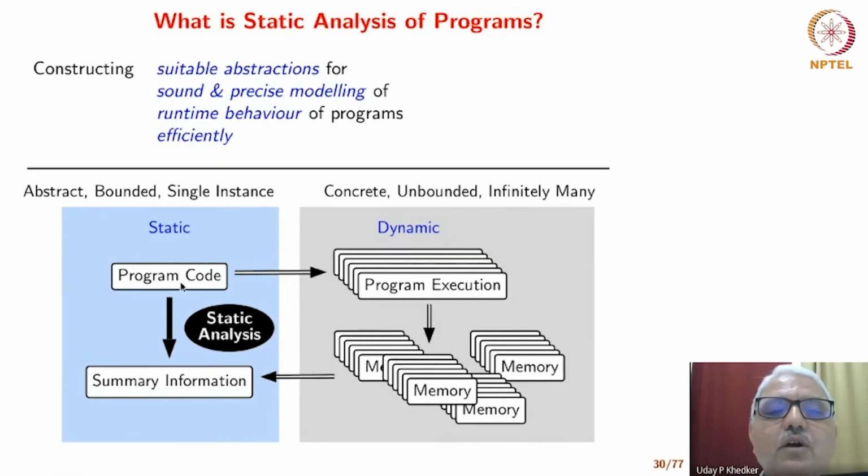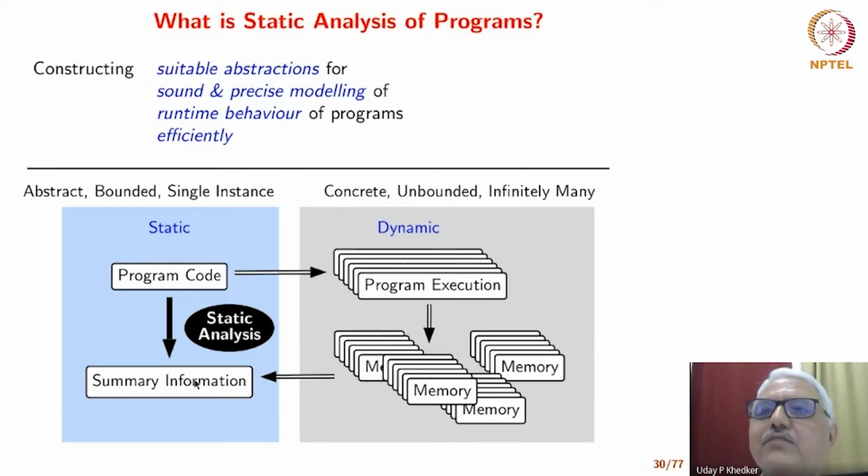However, we do not want to take this long route of going from the static world into the dynamic world, running the program, and then examining the memory and computing the summary information. This is done by profiling, or by what is called feedback-directed compilation. But in static analysis, we do not do that.